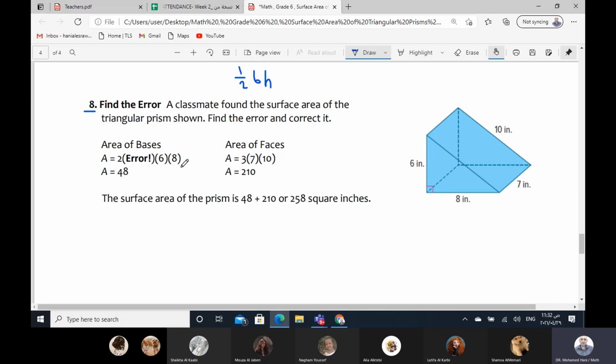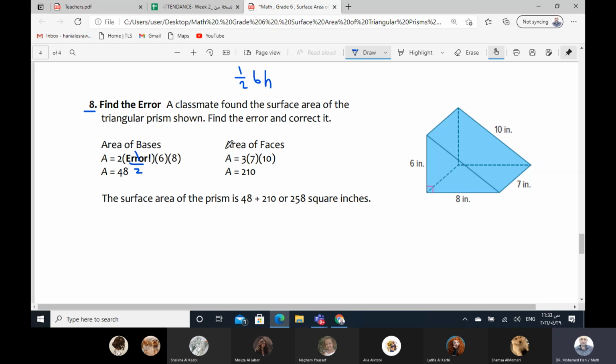Right. So what is the missing value here? One over 2. Great. So here we have 1 over 2. So 2 times 1 over 2 will be 1. Then 6 times 8 will be 48.